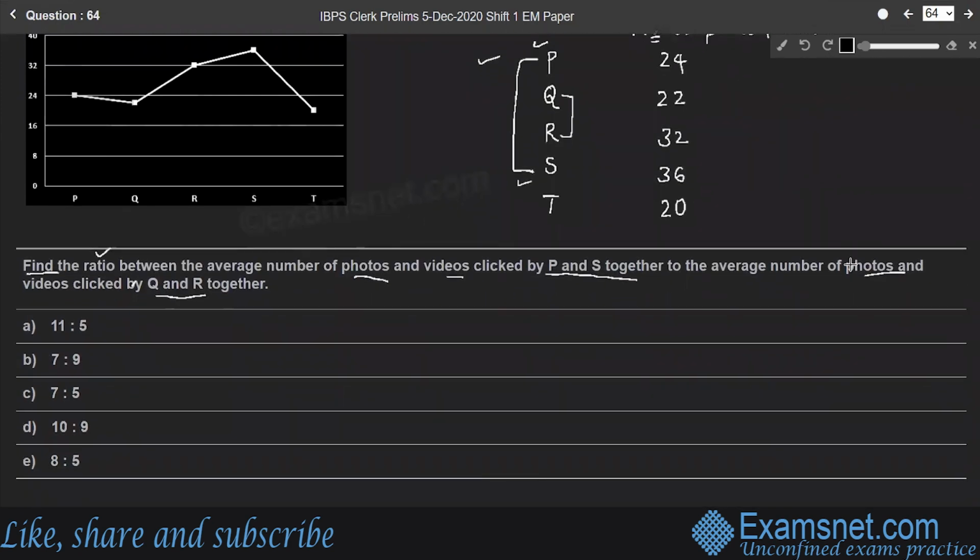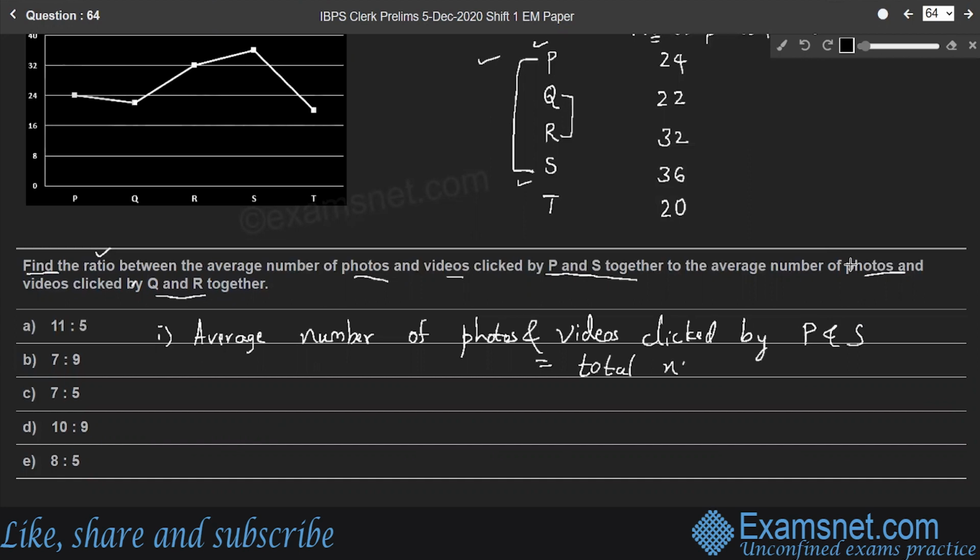Now, average number of photos and videos clicked by P and S is equal to total number of photos and videos divided by number of persons.